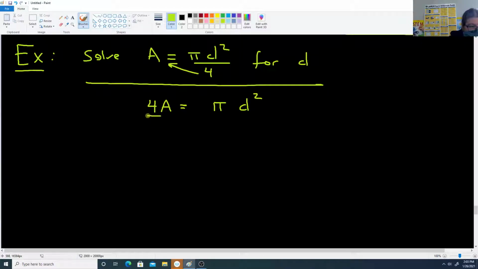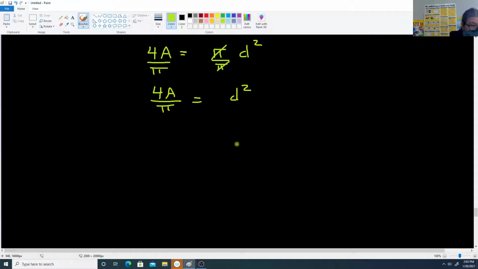Step 2, this pi is going to divide across. So we get 4A over pi equals d squared. And the final step, to get rid of the square, we're going to take plus or minus the square root. And that will be our answer.